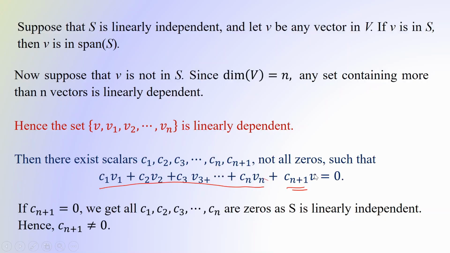So V can be expressed in terms of V1, V2, V3 and Vn. So we have taken any arbitrary vector V in the space, and it can be written as a linear combination of the Vi.